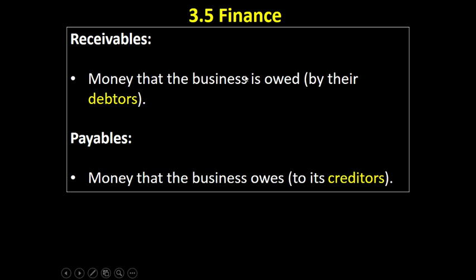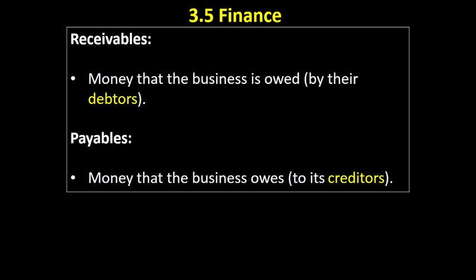Receivables is money that is owed to a business. So the business is going to receive it, hence it is called receivables. The people that owe a business money are called its debtors. And receivables are usually recorded over the next 12 months.